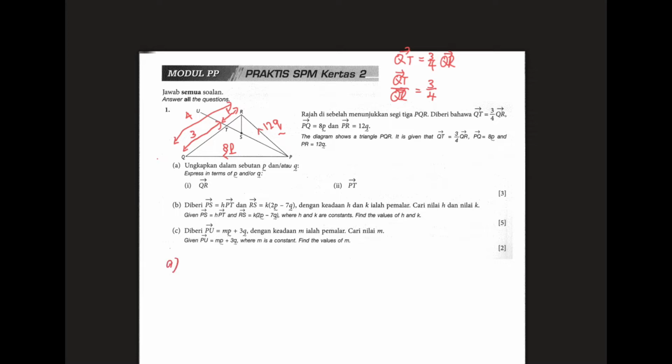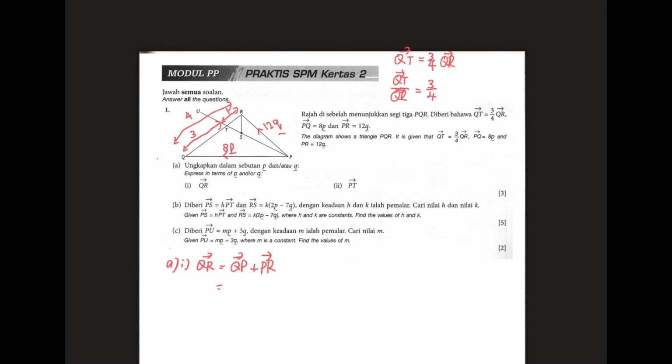A, number 1, QR equals QP plus PR. So the QP is in the opposite direction of the 8P. You see 8P is to the left, but QP is to the right.